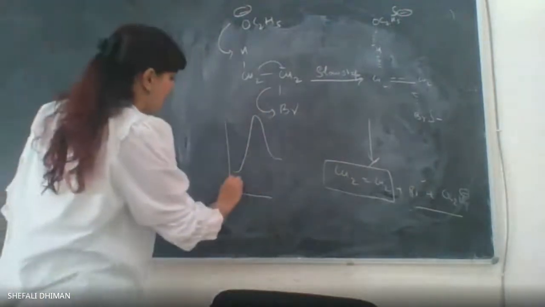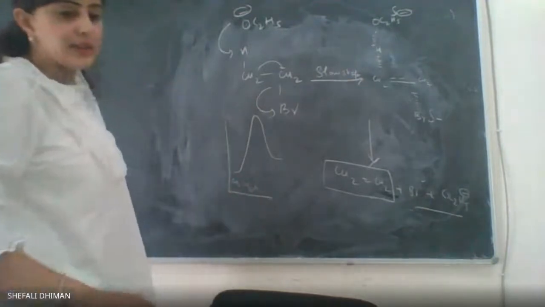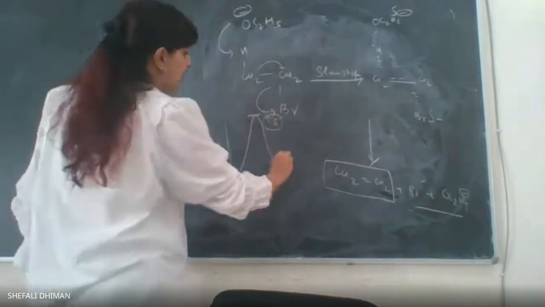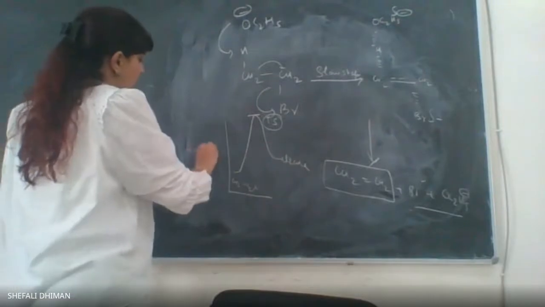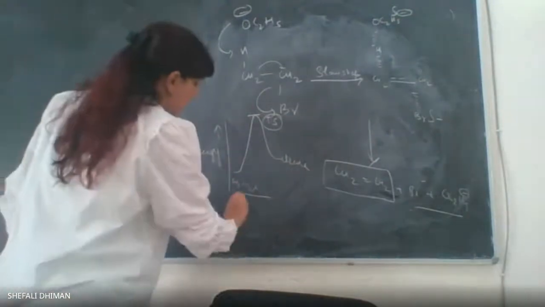So here I have my reactant, which is CH3CH2X. Here is the transition state, which is high energy, and here is my alkene, which is formed. On the y-axis, I have energy, and on the x-axis, I have the progress of the reaction.